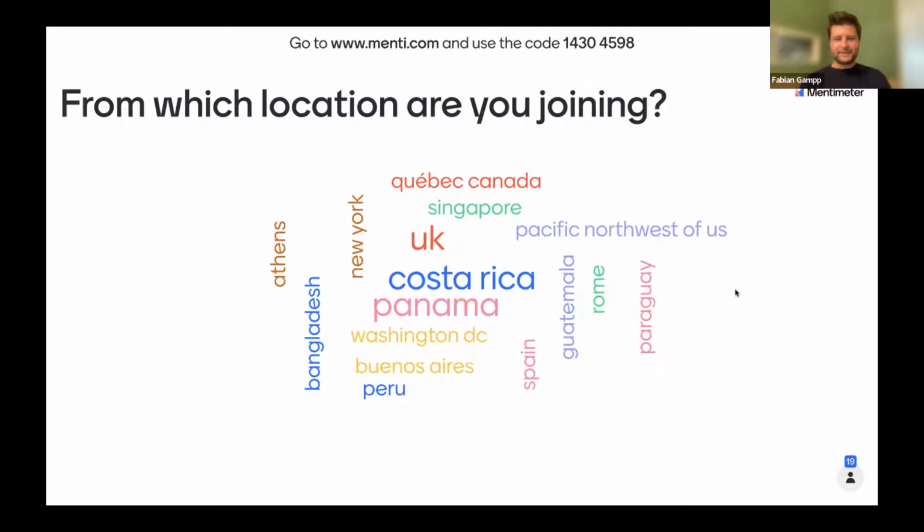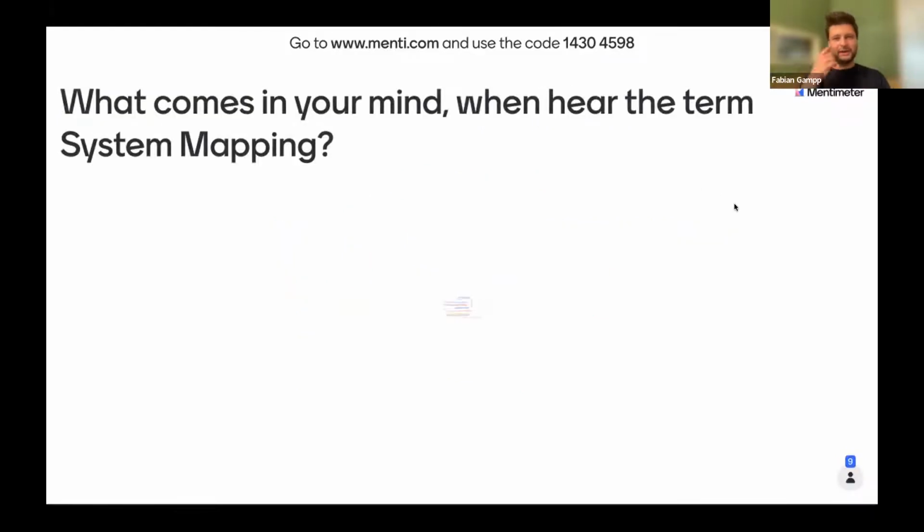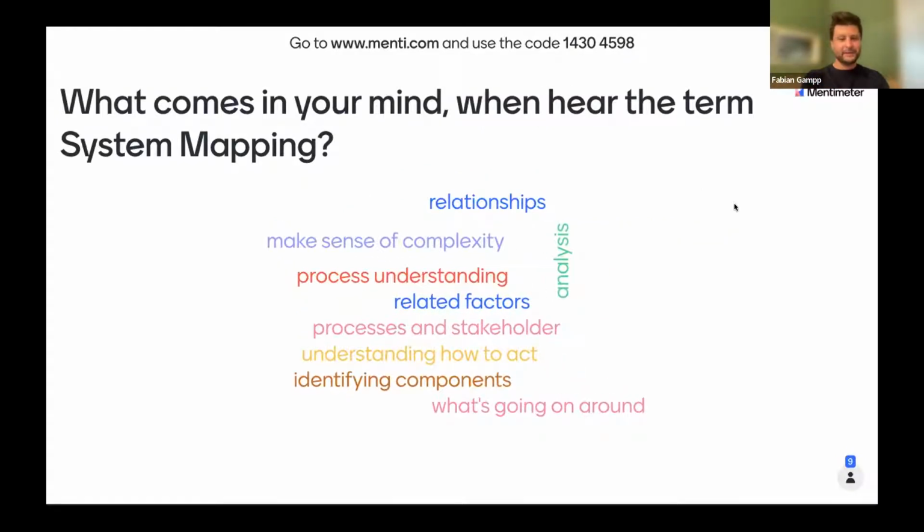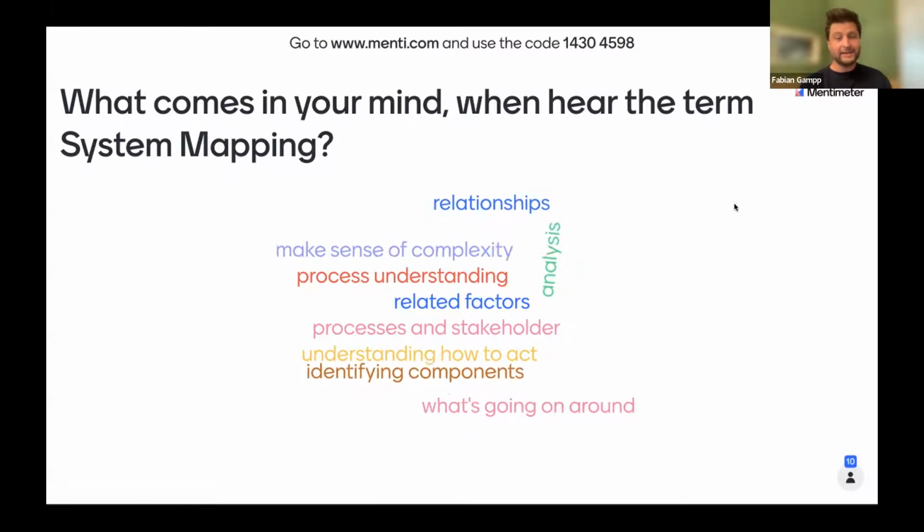So the next question was about what comes to your mind when you hear the term system mapping. This is always interesting for us because we realized that the term system is so manifold in the world, so it's really interesting to see your focus on that. Make sense of complexity.